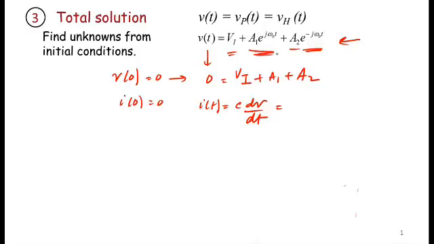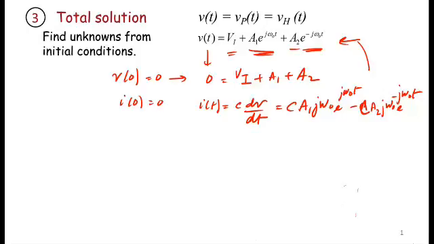For the next term, it is C times A1 times e raised to j omega naught t, and I differentiate that with respect to t. I get j omega naught coming down and e raised to j omega naught t. For the next part, I get a minus C A2 j omega naught e raised to minus j omega naught t. So I just obtained dV/dt and multiplied that out by C.